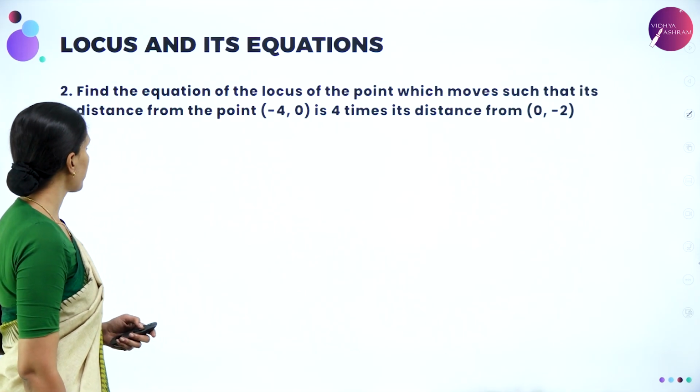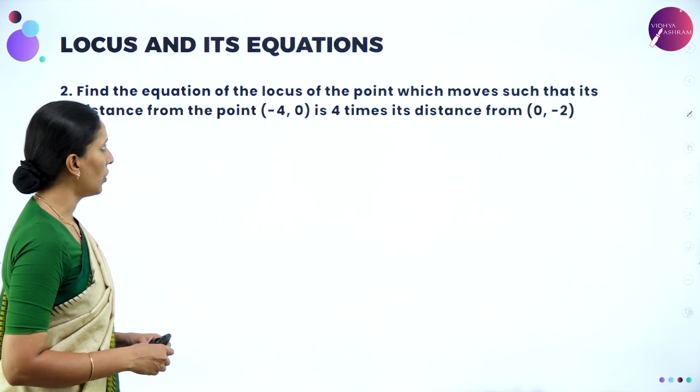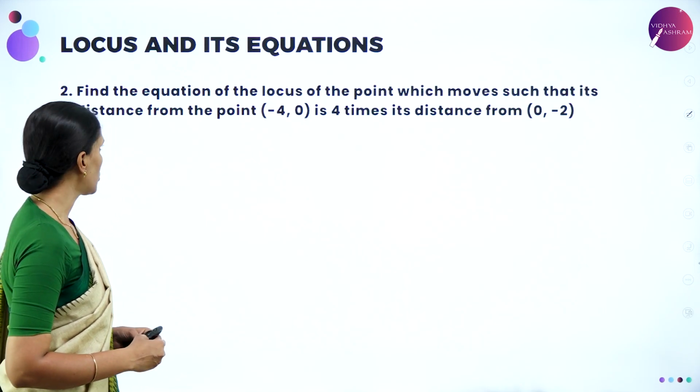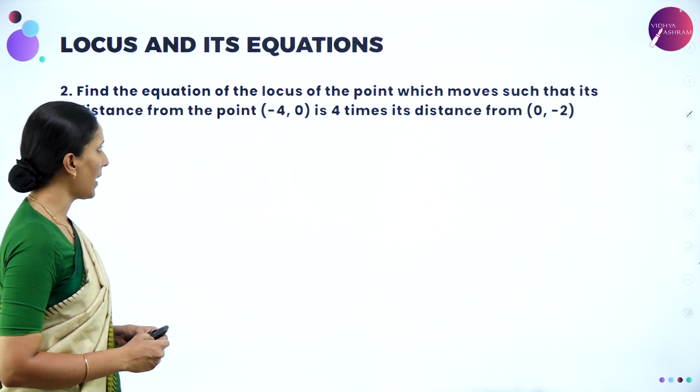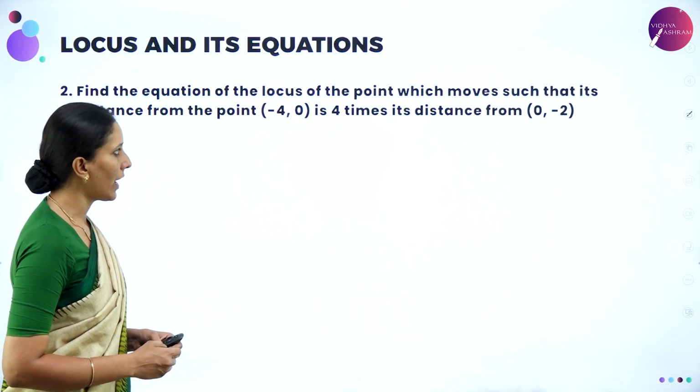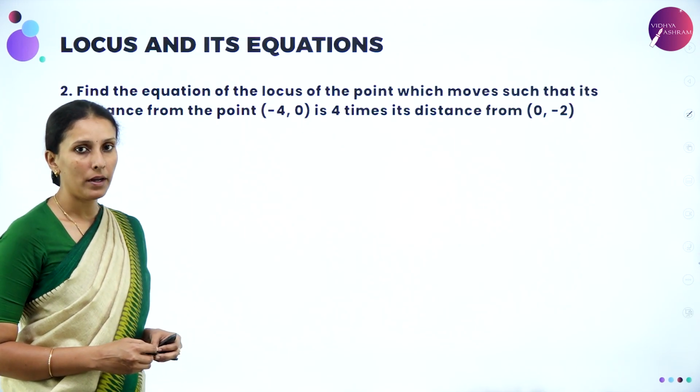Next question. Find the equation of the locus of the point which moves such that its distance from the point (minus 4, 0) is 4 times the distance from (0, minus 2).